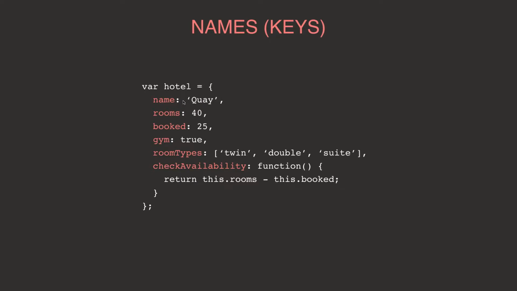So the name of the hotel, the capacity is 40, the number of people that have booked is 25, is there a gym associated with it? True. And here we have an array with different room types. Now this check availability function within our object would then be referred to as our method.